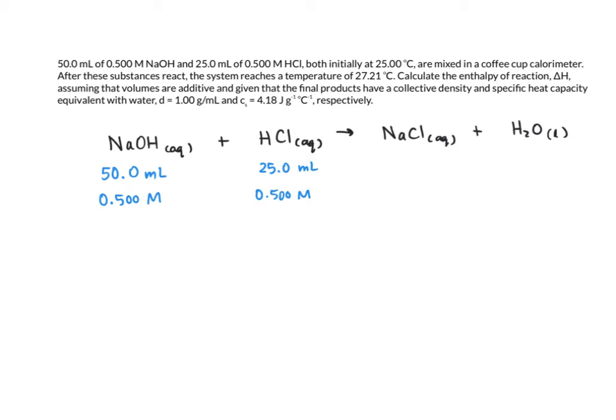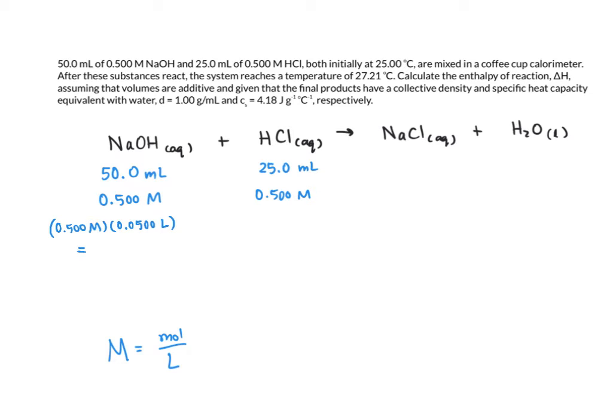What this means for us is that given our molarity expression, molarity is equal to moles of solute per liter of solution, our number of moles of sodium hydroxide is equal to 0.500 molar times the volume in liters, 0.0500 liters.